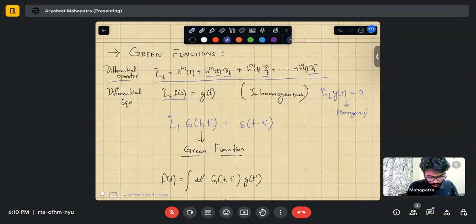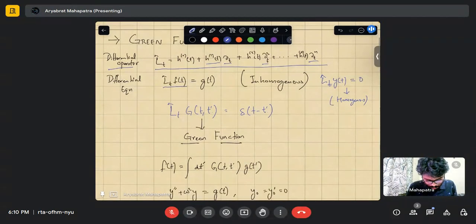When you have such inhomogeneous differential equations and want to solve them, there is another elegant way to extract the solution, and that is using Green's functions. These are the Green's functions, g of t prime.